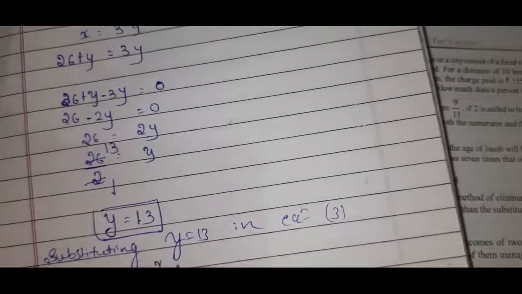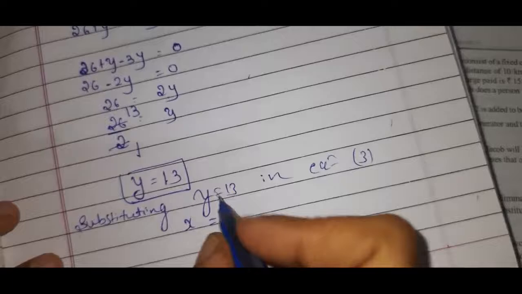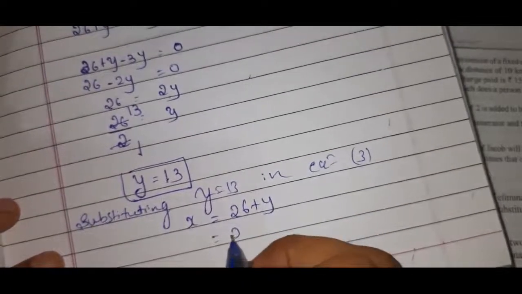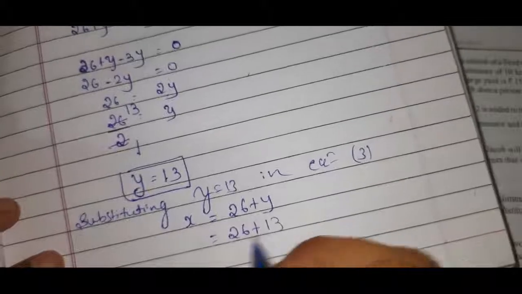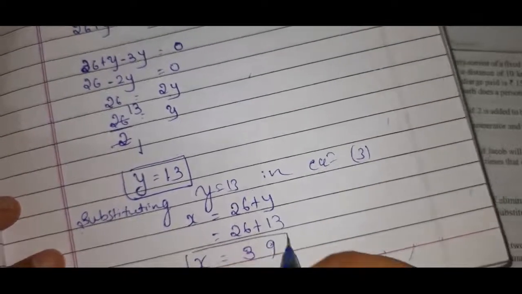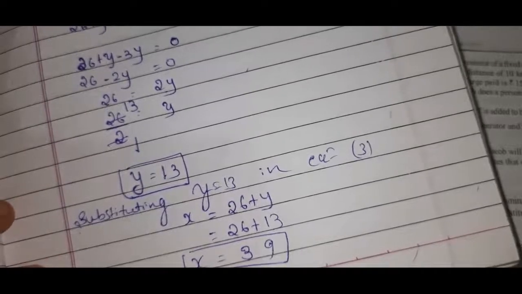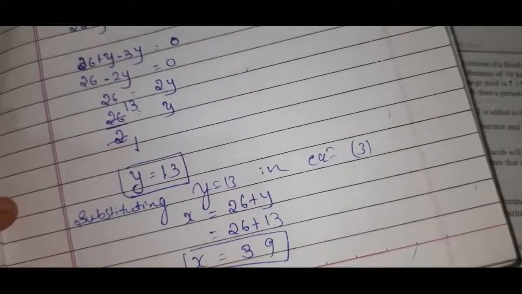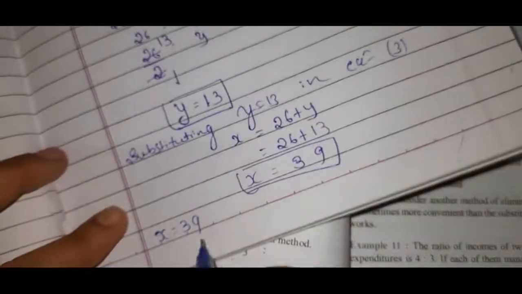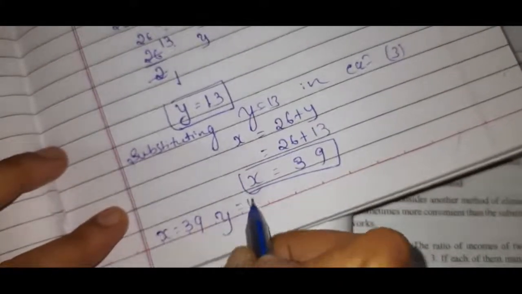We have equation third, x equals 26 plus y, and 26 plus 13 is 39. x equals 39. These are the two numbers. Which are the two numbers? x equals 39, y equals 13.